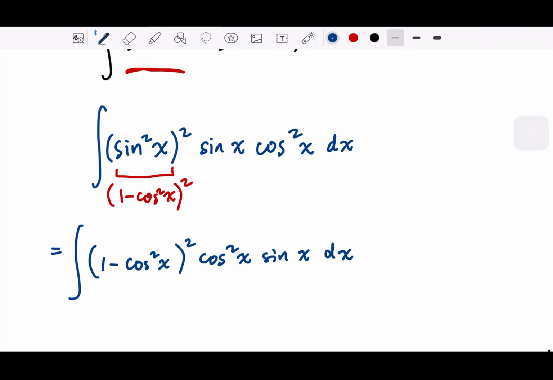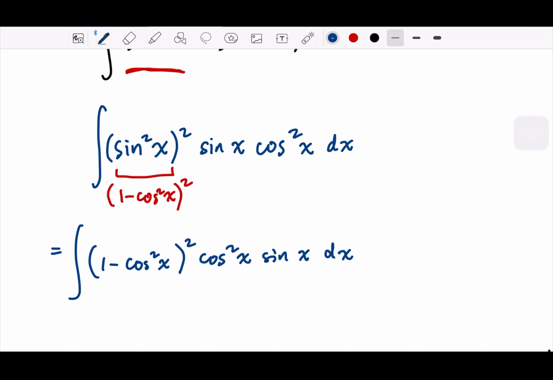And a way to finish off these integrations is by taking substitutions. We are going to force our substitutions to cancel things. If we have this cosine squared here, and we have sine x over here, I think if we take the cosine as our substitution, we can cancel the sine. So this will be u, u squared, squared, and we can solve the equation.